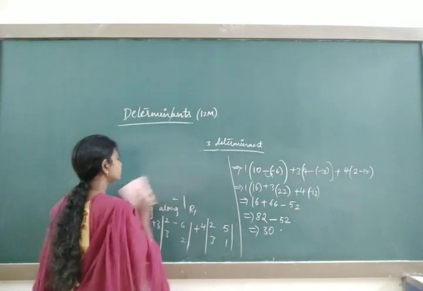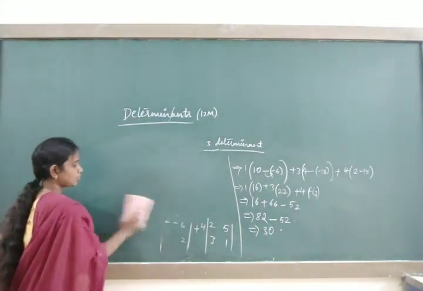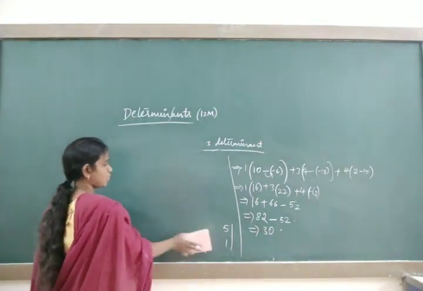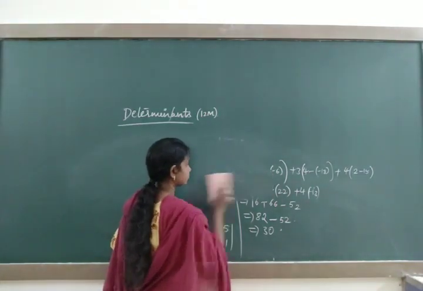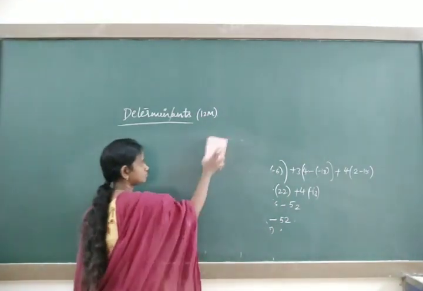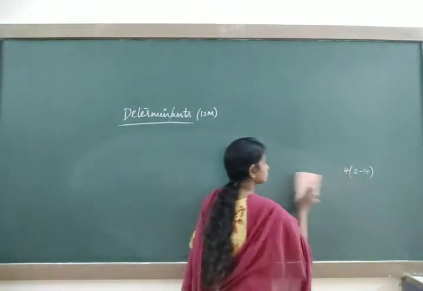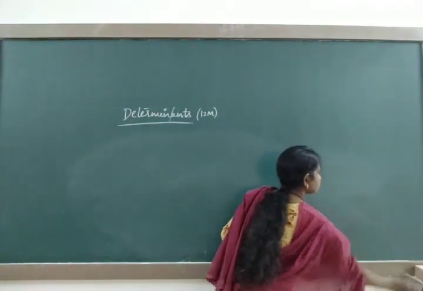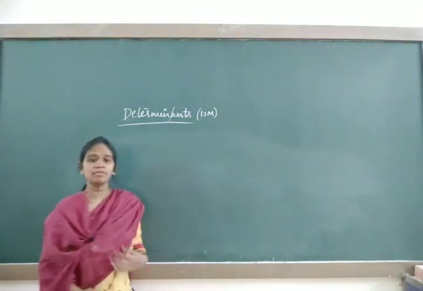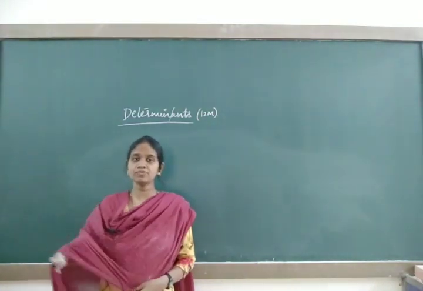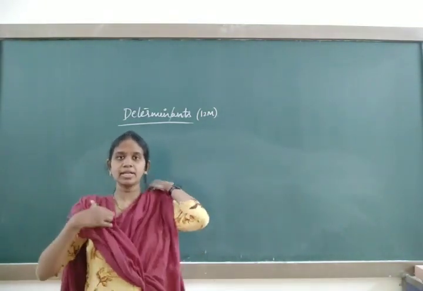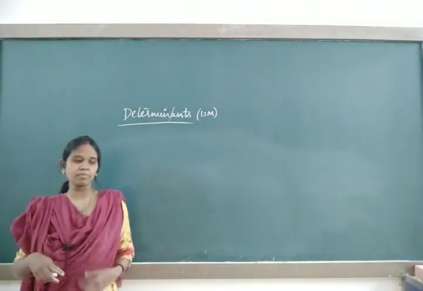Now based on this, in our examination we are going to face one of the problems for 1 mark based on expansion. So we will take the problems, which type of problems we are going to face for our examination, that I will take right here, 1 mark questions.